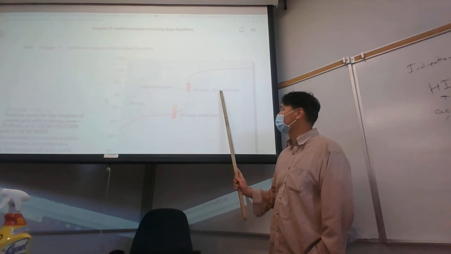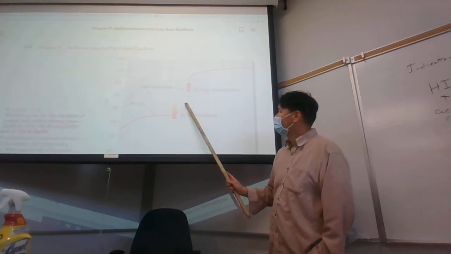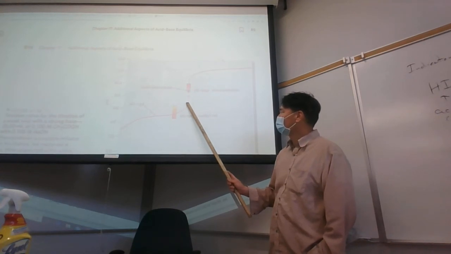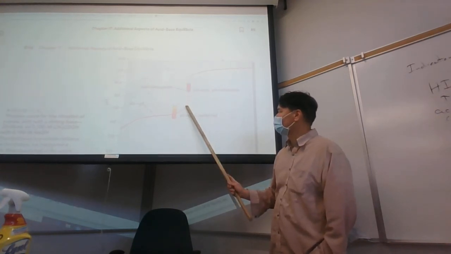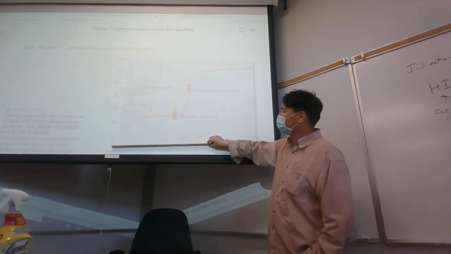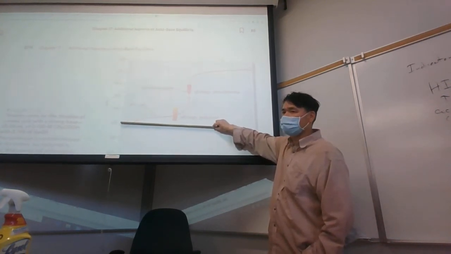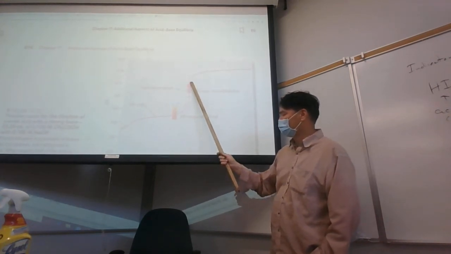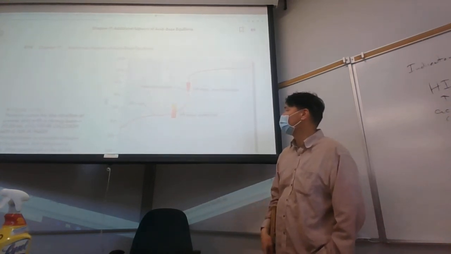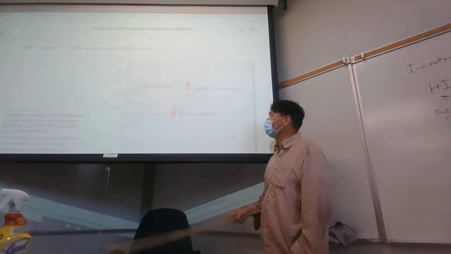And so phenolphthalein works out quite well. Bromophenol blue may lead to an error. It might be okay. So anything in this vertical range, but the vertical range is so short here. The reason the vertical range is so short is because we're starting off at a higher pH. And so we don't have as big of a jump up, and what that means is we're going to have fewer choices for indicators.